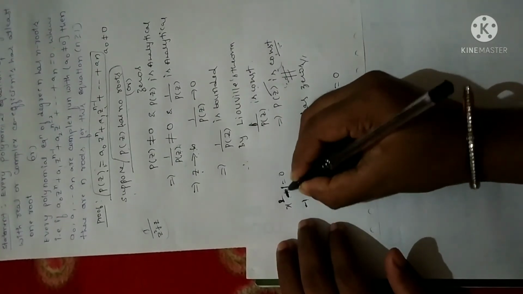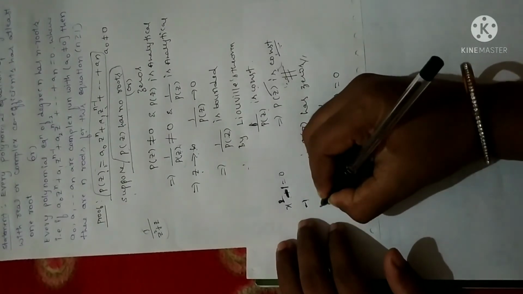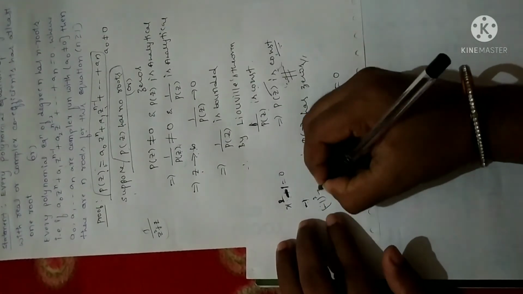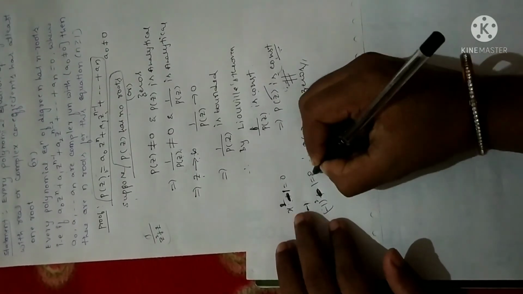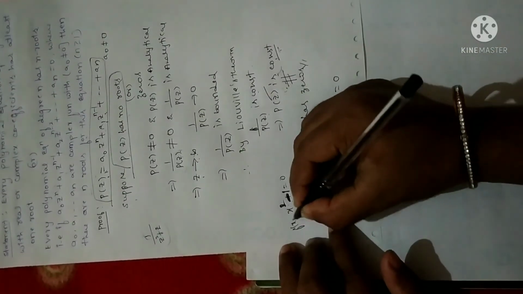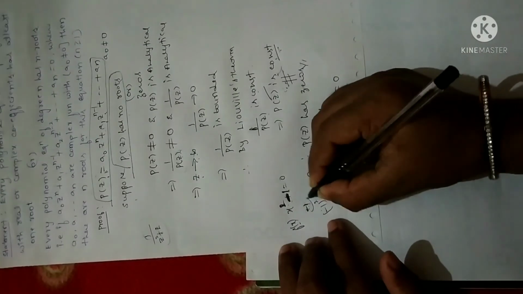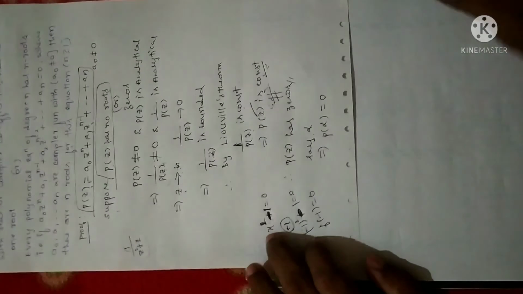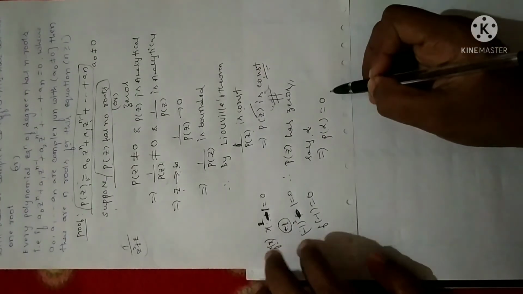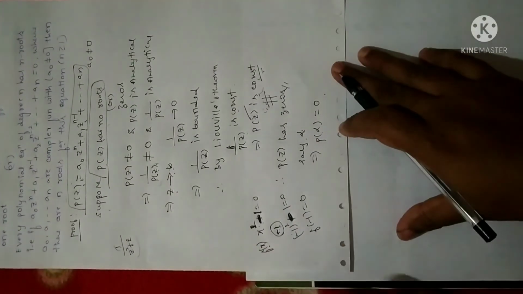If minus 1 is a root or zero of this function, then when you substitute minus 1 in the place of x, minus 1 square minus 1 will be equal to 0. That is, if f of x is equal to x square minus 1 and minus 1 is a zero, it means f of minus 1 should be equal to 0. So if alpha is a zero, p of alpha should be equal to 0, right?